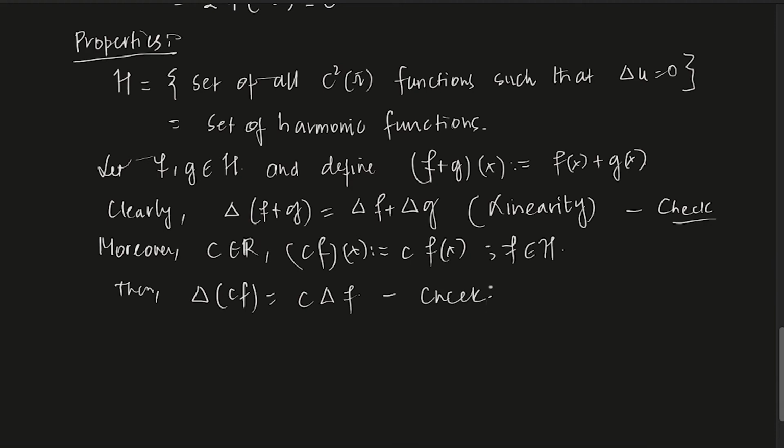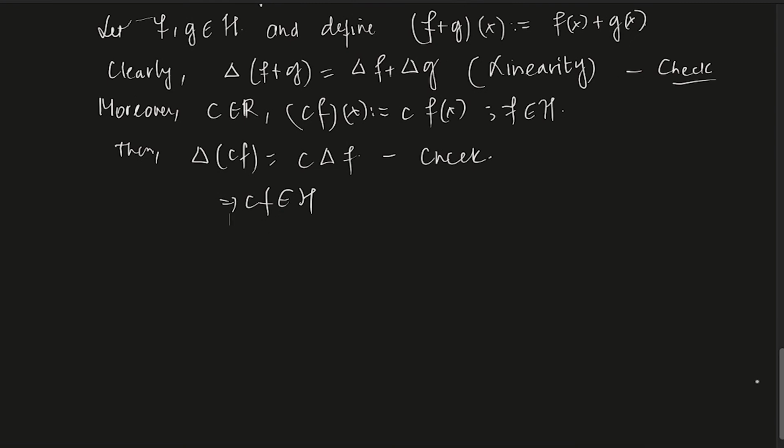Okay. Now think about this. If you consider this property, that given two functions f and g the sum is in H, and the constant times f is also in H, right? So this definitely belongs to H. It means that cf belongs to H. Okay. What does that say? It says therefore H is a vector space.